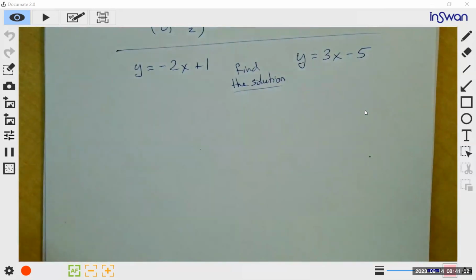Find the solution, if it exists. Is it going to have a solution?